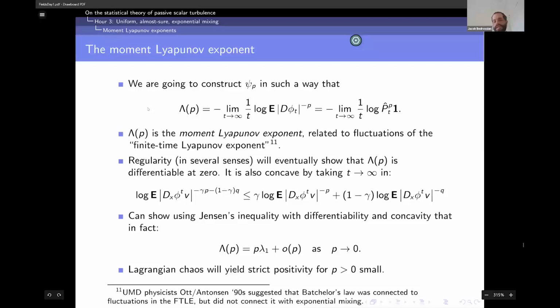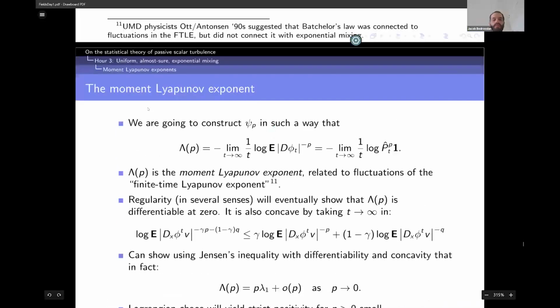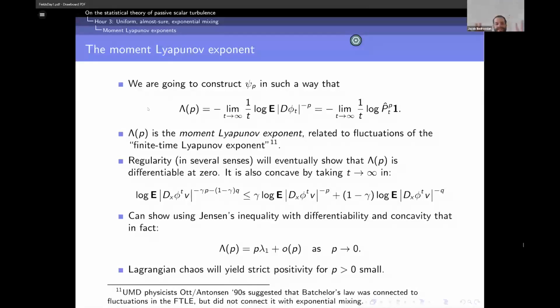So the moment Lyapunov exponent is a classical concept in random dynamical systems for this reason, because it has to do with understanding these fluctuations, the large deviations of the finite time Lyapunov exponents. There are classical calculations from random dynamical systems which need to be carefully justified in the infinite dimensional case, but after some significant work can be done.